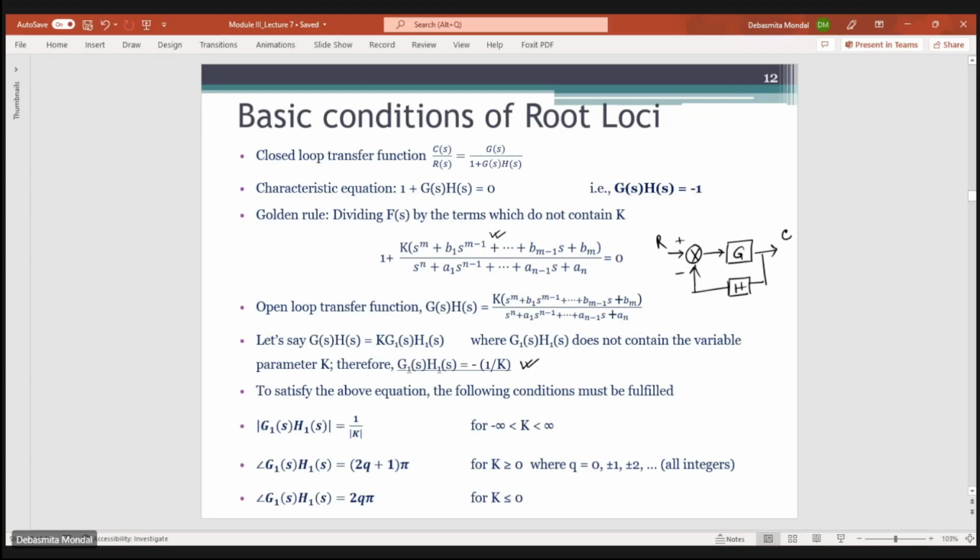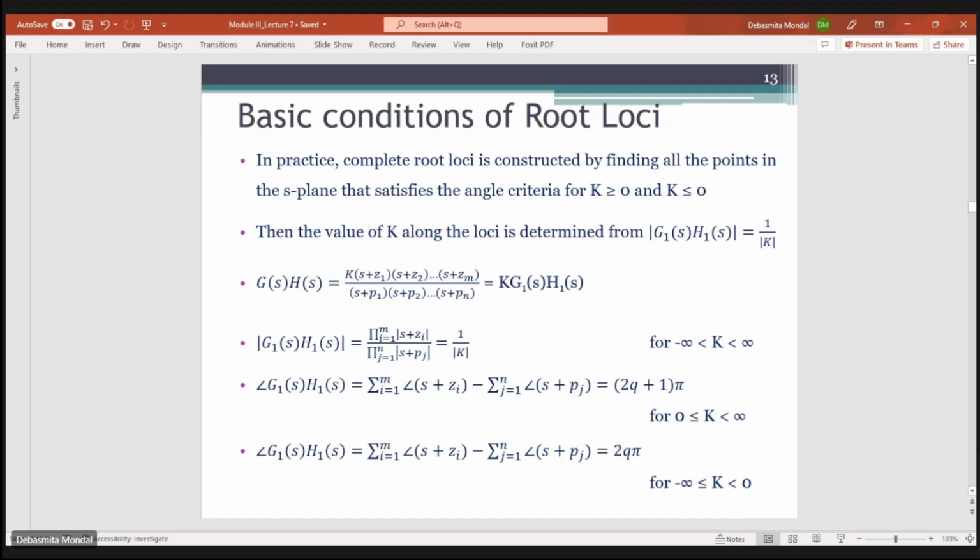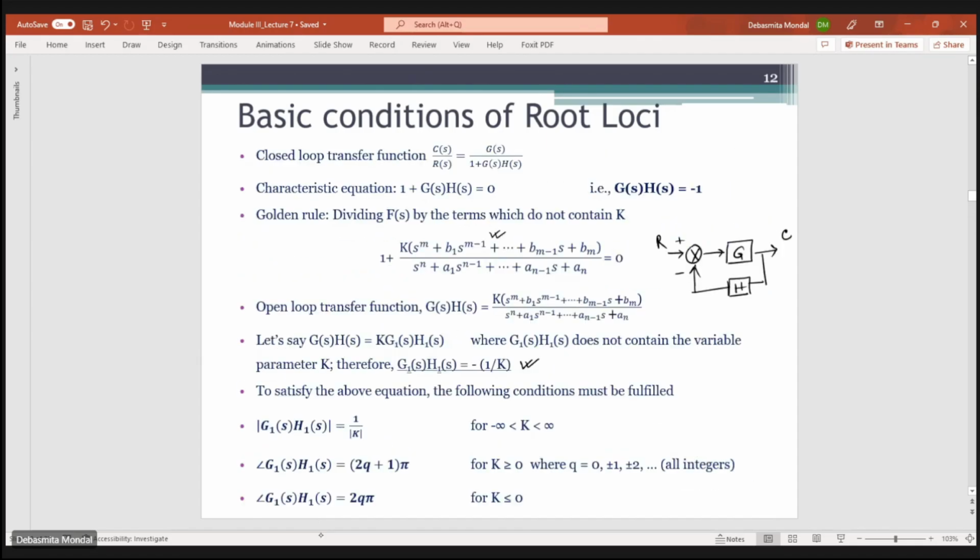Okay, so in practice, whenever we are drawing the root loci, we have to find all the points in the s-plane that satisfy the angle criterion, depending on whether we are varying K from 0 to infinity or from -infinity to 0.